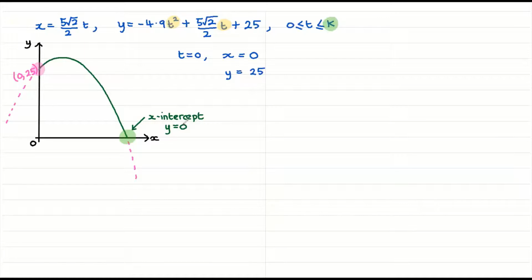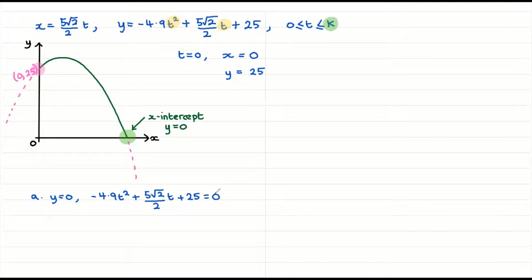So let's do that. So this is for part A, and you can use your calculators for this as well. So when y equals 0, set our equation minus 4.9 t squared plus 5 root 2 over 2t plus 25 equals 0.